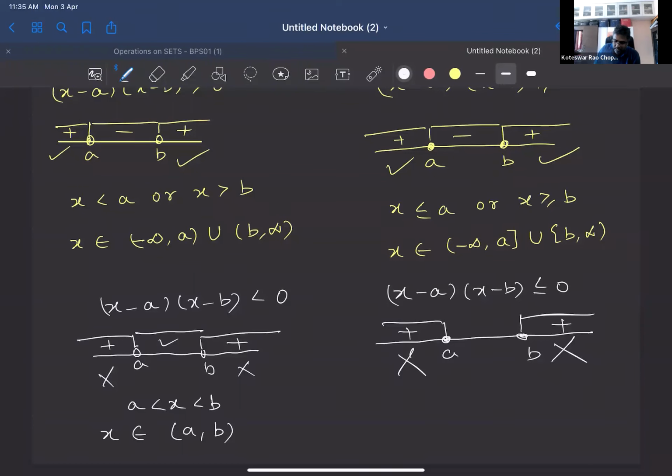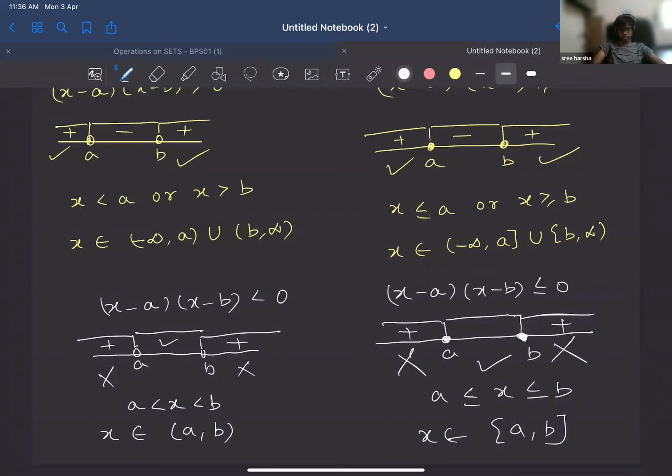Your solution is right in the middle. But this time the points A and B, we use closed circles to indicate that they're okay for me. So your solution will be x belongs to [A, B]. Are you getting comfortable with the intervals now?